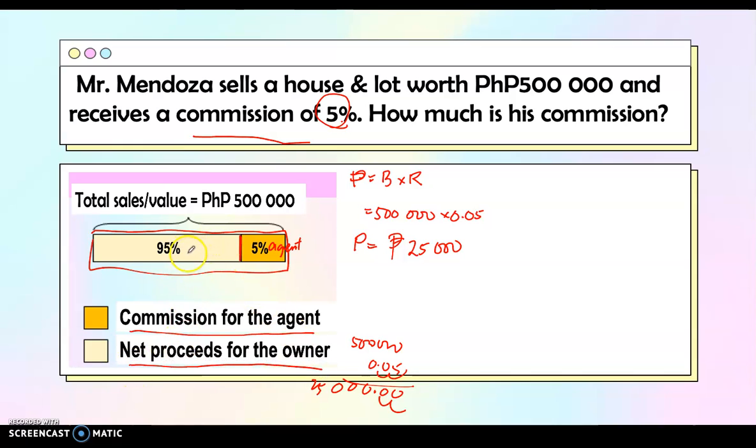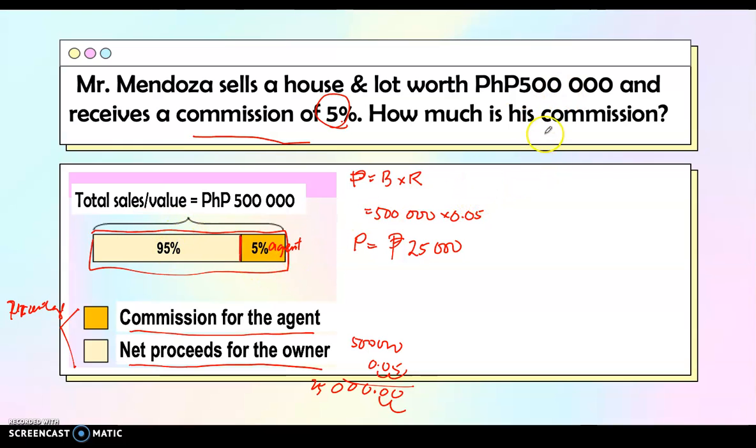This is what the owner gets after the commission is deducted from the total value. So the net proceeds for the owner is 95%, and the 5% is for the agent, so a total of 100%. The commission and the net proceeds are percentages because they are just part of the whole, only part of the base.